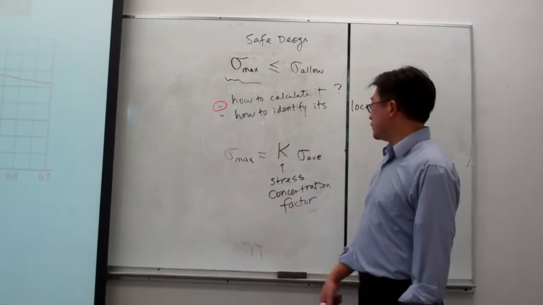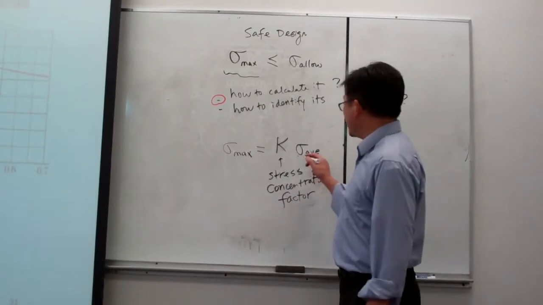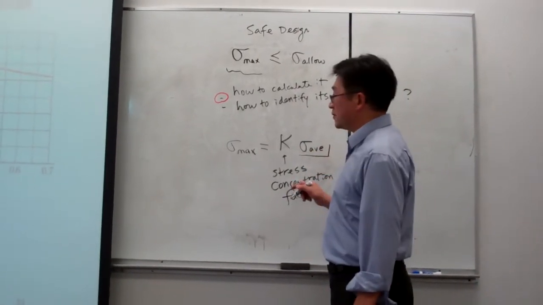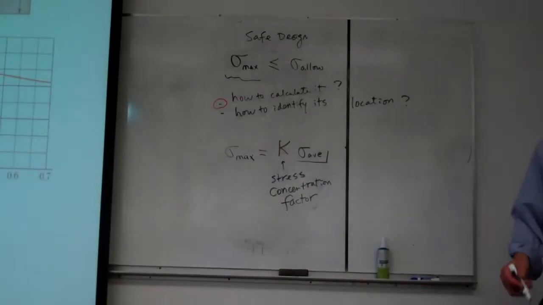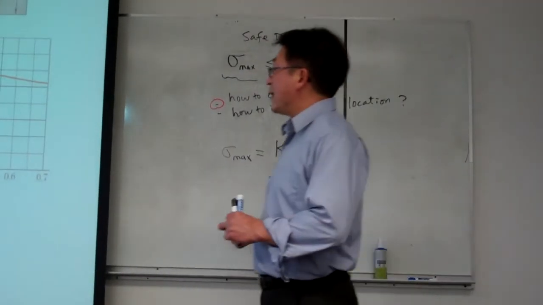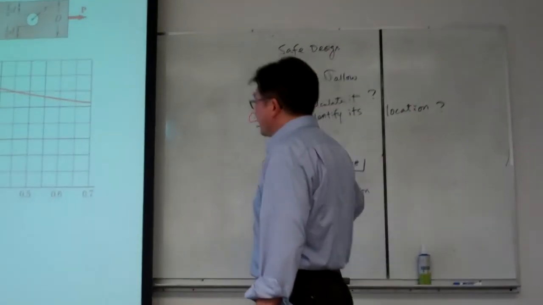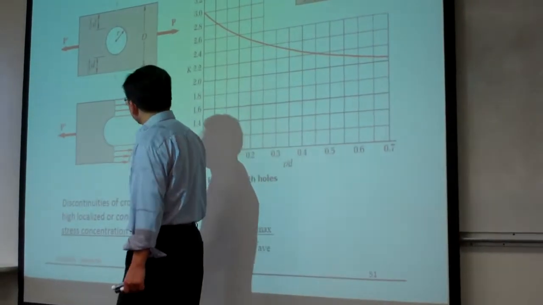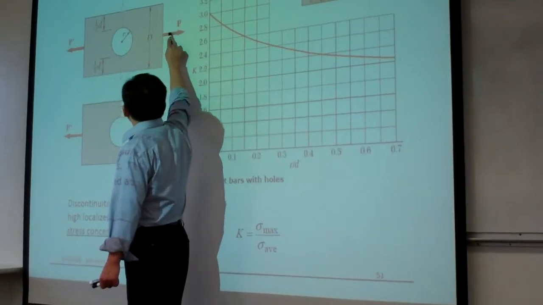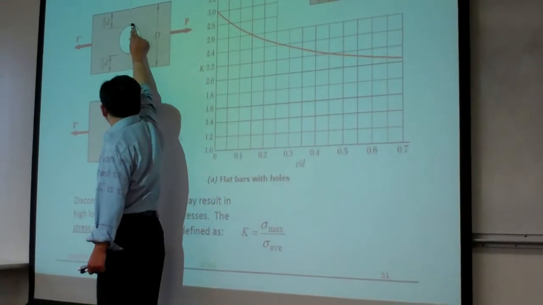And now the issue is, what are the two values? To apply this formula, which is obtained from experiments, we have to follow the protocols of the experiment. In that experiment, the average is calculated by simply dividing the force by the smallest cross section.